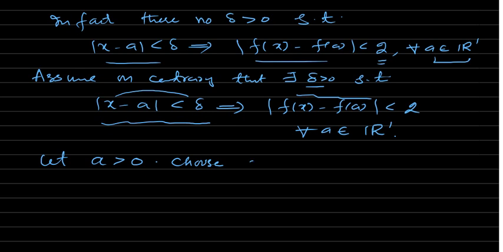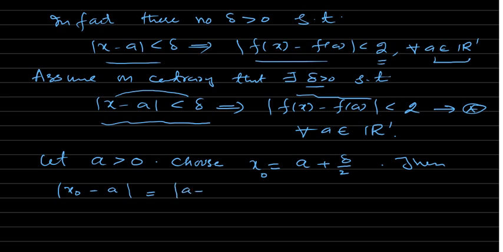So let's choose this point x, which is equal to a plus delta by 2. Let's write here x naught. Let's name it star. Then mod of x naught minus a, what is this mod? This is equal to mod of a plus delta by 2 minus a, that's delta by 2, which is obviously less than delta.